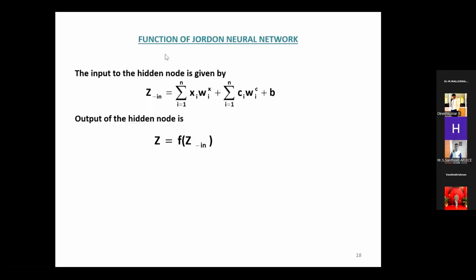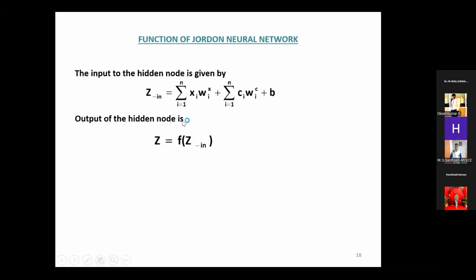Then it can be the summation of the inputs which are coming from another set of input nodes, like a context node, that also multiplied by the input from the context node and the weight factor which are coming via context node. Okay, plus the value of bias. Bias is a calibrating parameter which is included in the hidden layer operation of your neural networks.